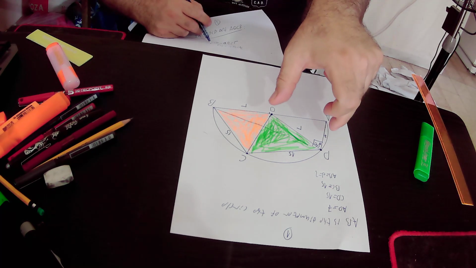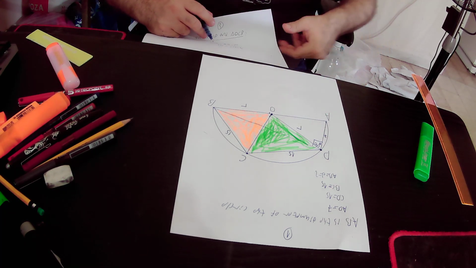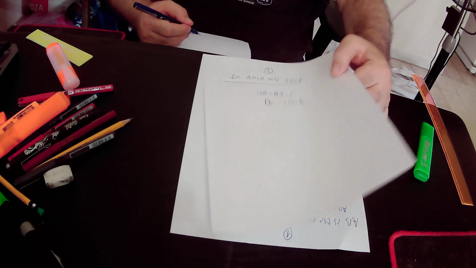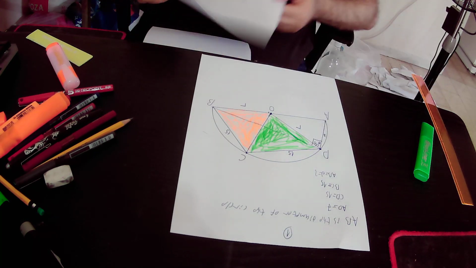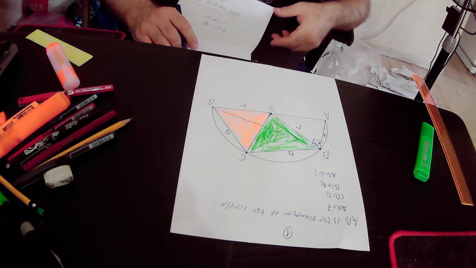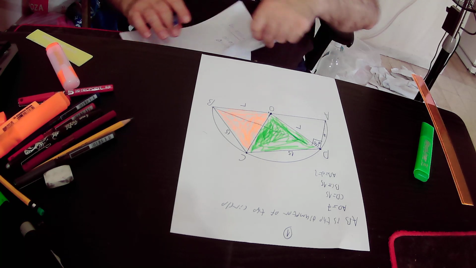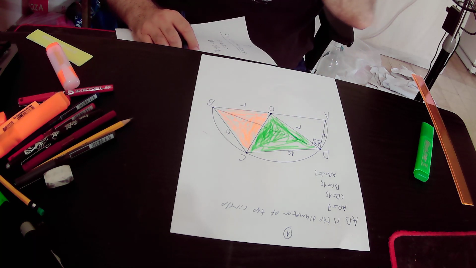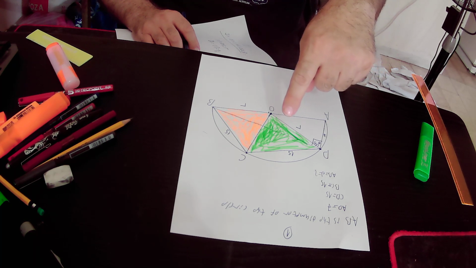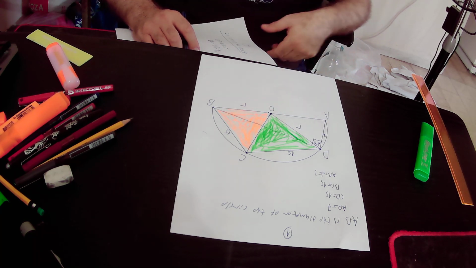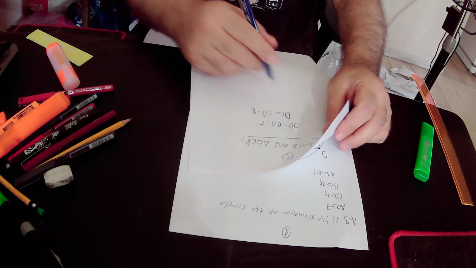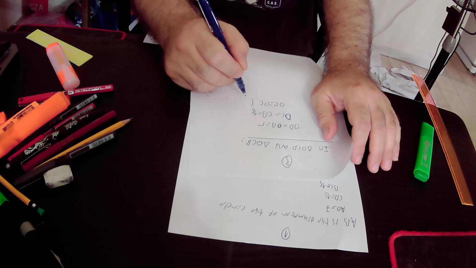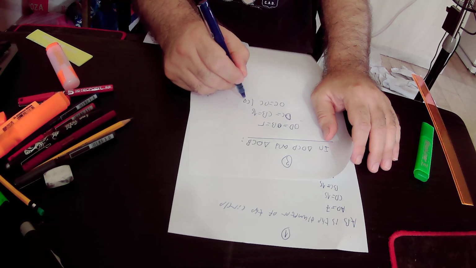It is given in the question. And OC equals OC. OC is a common side. It belongs to the green triangle and it also belongs to the orange triangle. Again, it is a common side.